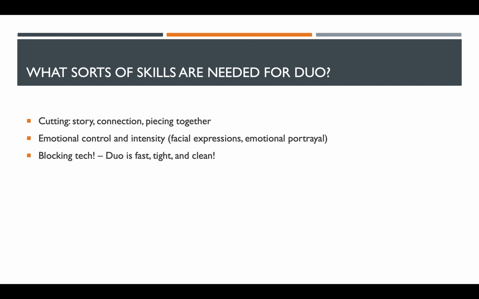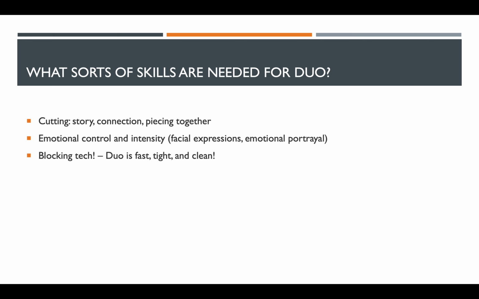Blocking tech. Again, blocking is where you create the surroundings of your speech, or surrounding of your scene. Duo is fast, tight, and it's clean. Especially for those humorous speeches, you need to be fast, you need to be tight, and you need to be clean. What's very clear in duo is when you watch a very bad duo, you can see that their blocking tech is not strong, that hand gestures, that movements are sloppy, they're not tight, they're not condensed together, they're not clean at all.